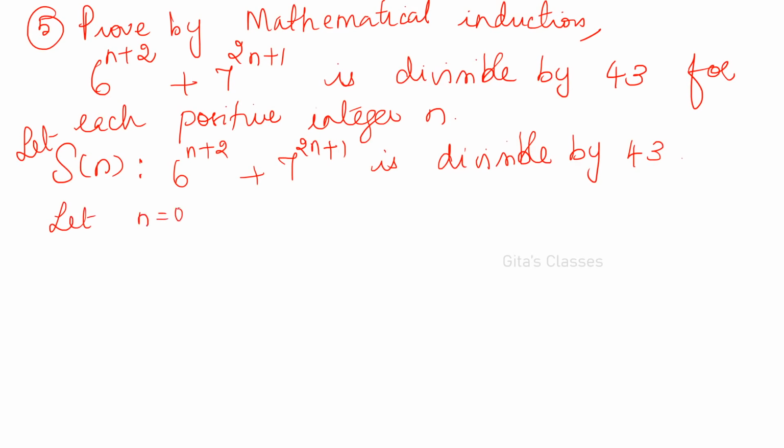I will do both, but in the exam writing only one is enough. If n is equal to 0, what will happen? 6 power 2 plus 7 power 1, that is 36 plus 7, which is 43. Therefore divisible by 43.